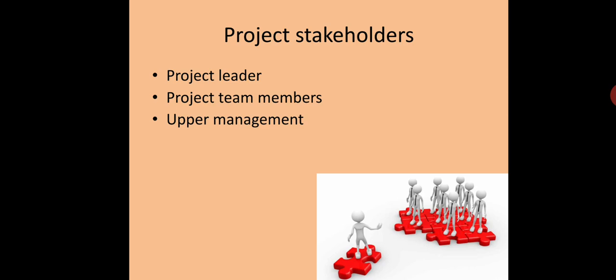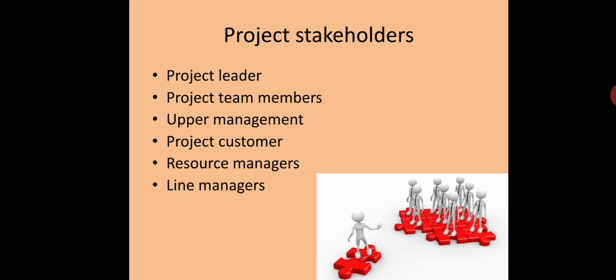When we say upper management, it could be the organization chairman, organization director, organization chief executive officer, organization chief financial officer, and so on. Next is project customer. Whoever is buying the given project or is going to be buying the end product is called a project customer. Resource managers, they are also called human resource managers. You must have heard this term many a times.